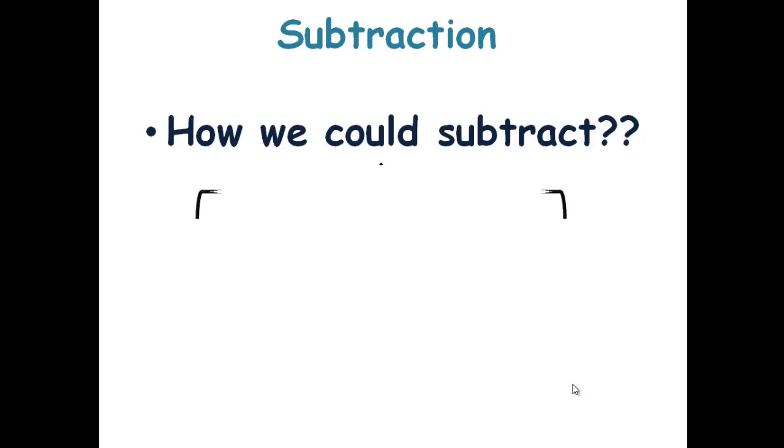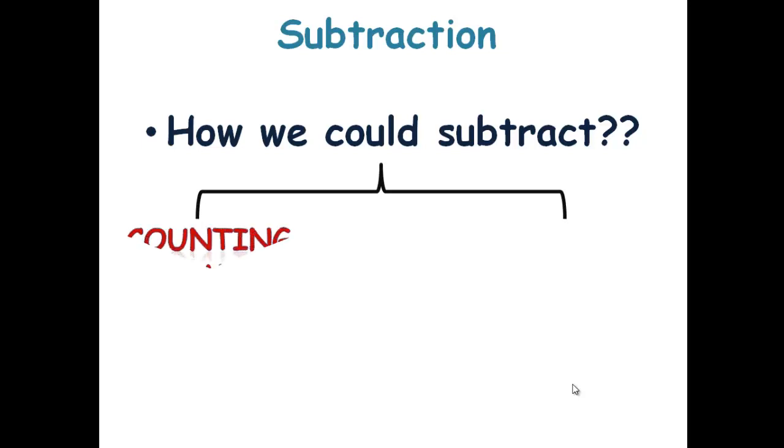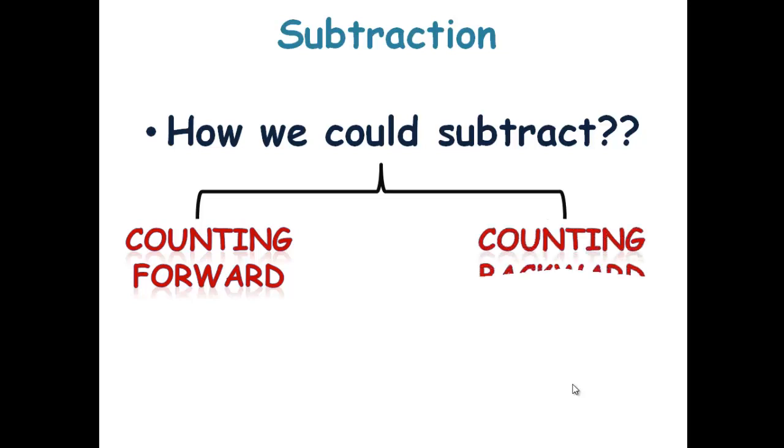In order to subtract, I have two ways. The first way that I will teach you this year is counting forward. What is the second way? Counting backward. Counting back, go back. Now, what are these two ways about?